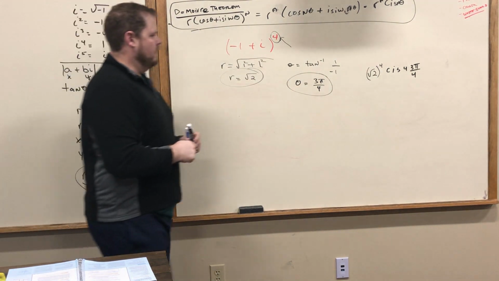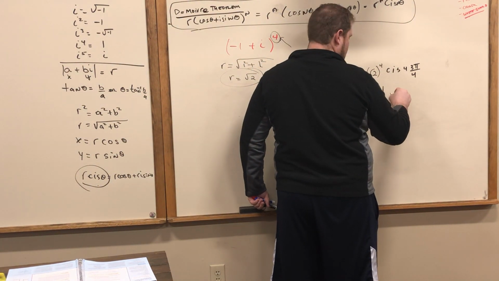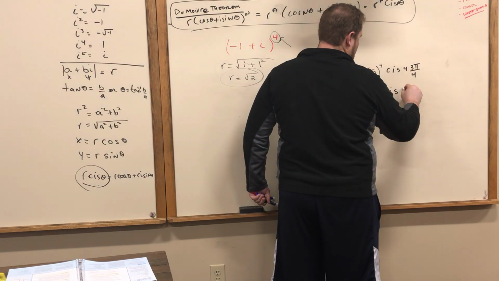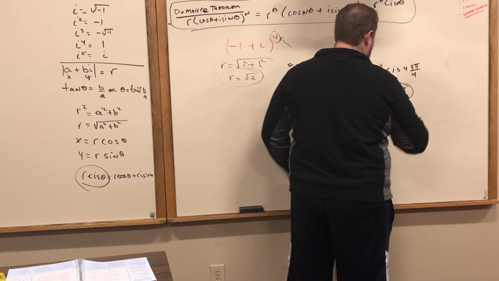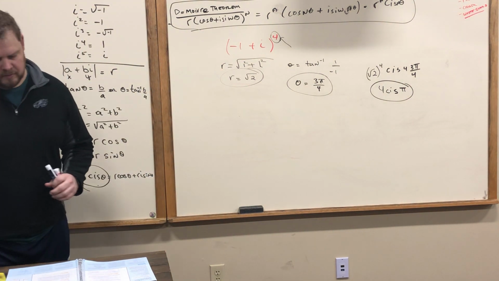So, what am I left with? 2 to the fourth power is really 4, CIS, 3 pi. That would be our final answer that we're looking for.